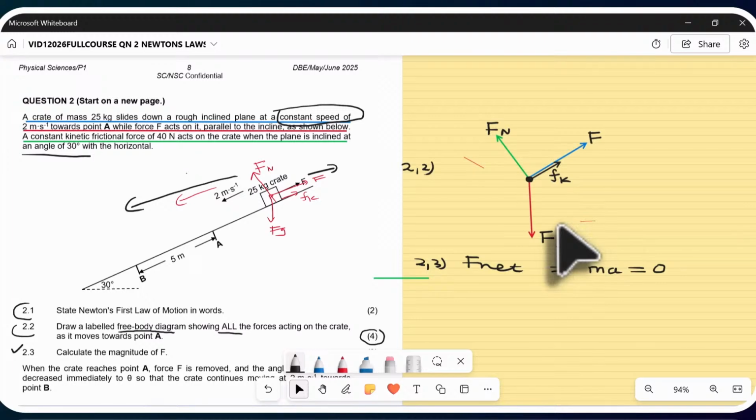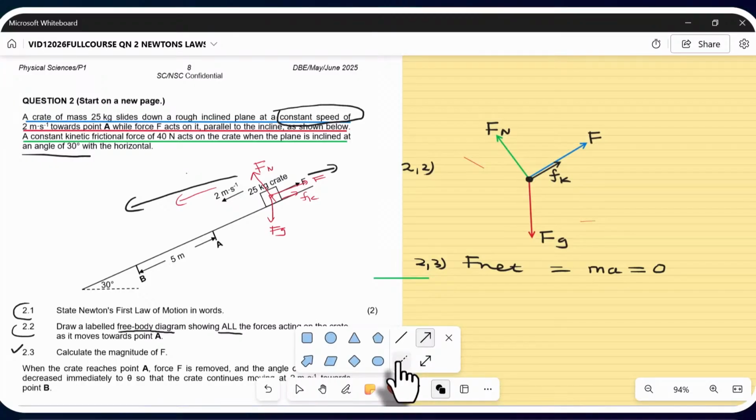One component acts parallel to the incline, then the other acts perpendicular to the incline. So this force which you see in red, we call it FG, and this FG has got two components.